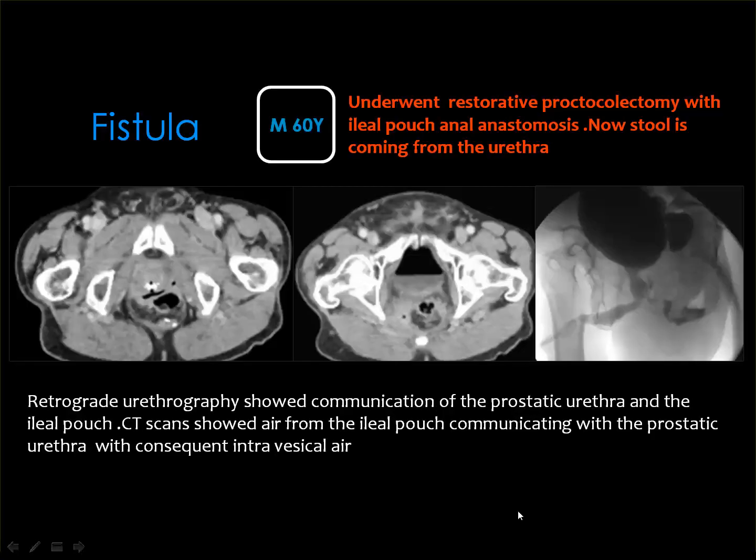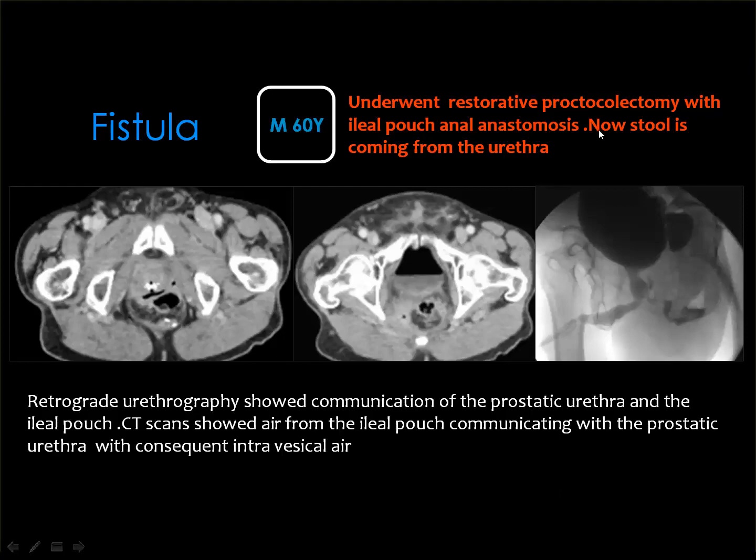Then how to diagnose this? One of the ways is to inject contrast material. This patient underwent restorative proctocolectomy with ileal pouch anal anastomosis. And according to the literature, this type of surgery is liable for this complication in particular.